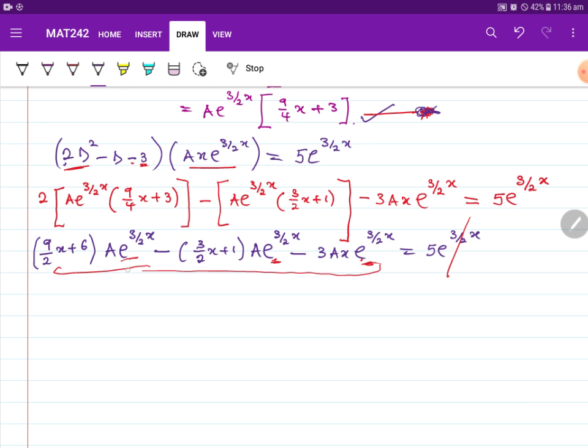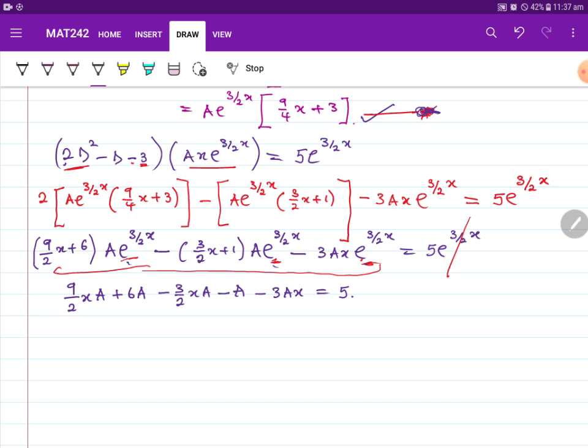Then since I've factorized this out, I'll be left with A and this. That's 9 over 2 xA plus 6A. Here I'll be having A times what is there, which is minus 3 over 2 xA minus A, and then minus 3Ax is equal to, we are left with the constant here, 5.